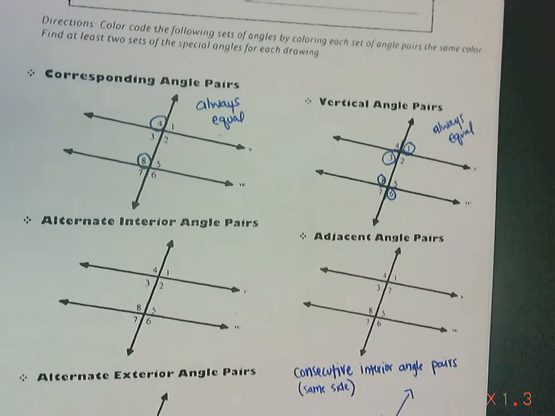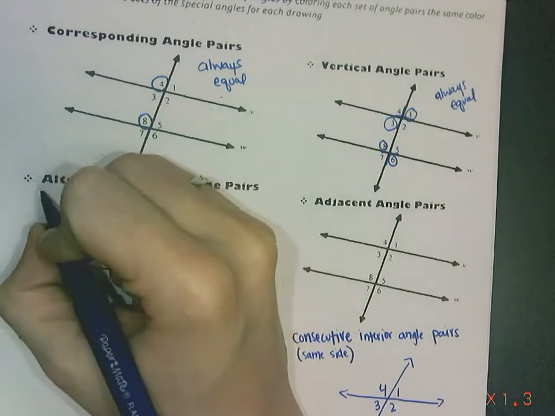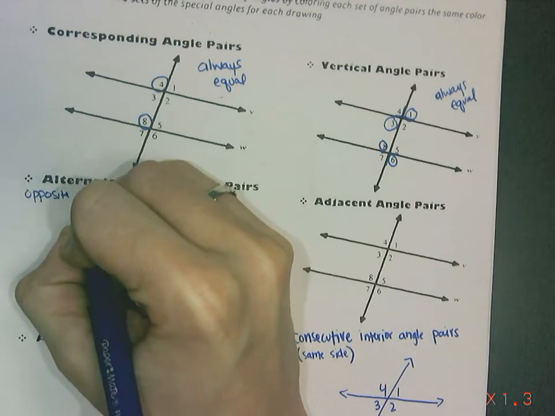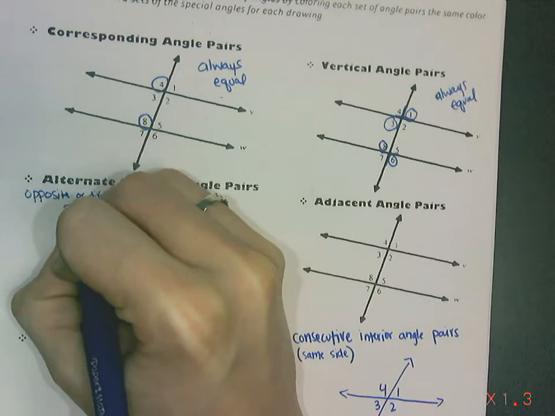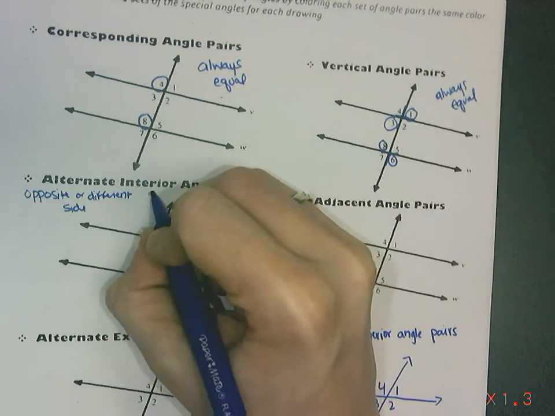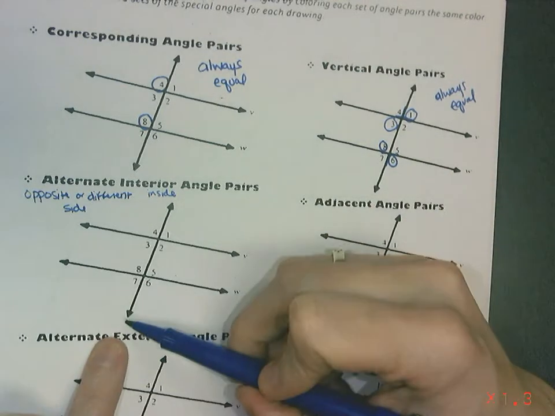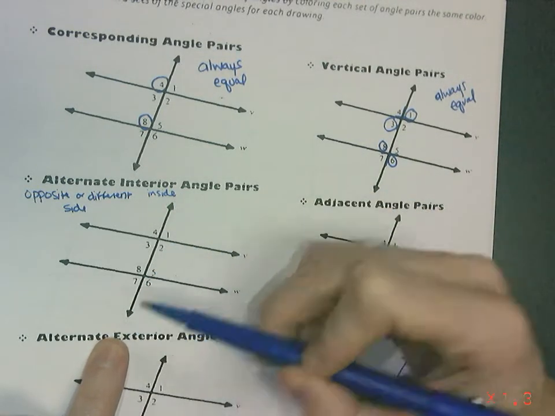All right, moving down. Next we have alternate interior angle pairs. Alternate means opposite or different side. And interior means inside. Okay, so alternate interior means you have angles that are on opposite sides of your straight line right here, which is called a transversal.